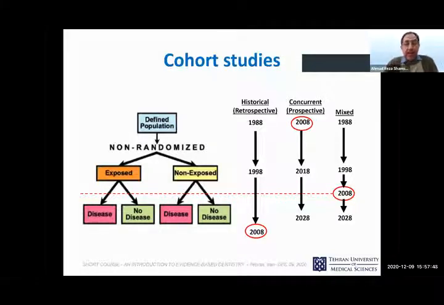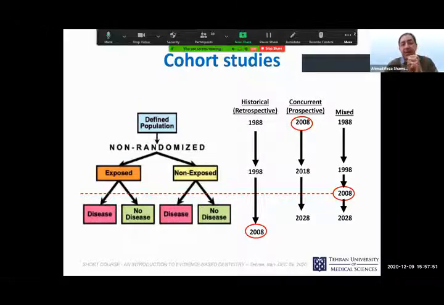And because the investigator goes through the events over time with the participants, it's more reliable than cross-sectional studies and case control studies.